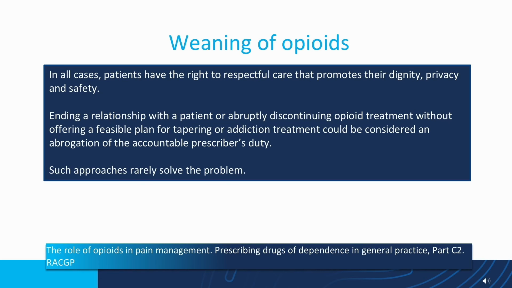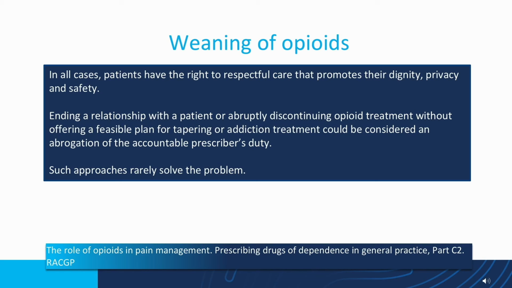So there is an argument not just to wean, but to have a plan of action, to develop a rapport. Dare I say it, use a pain specialist, use some pain services to help with this aspect. But the key is to put the foundations in place if this is going to be the plan of action moving forward, i.e. weaning. So this is from the RACGP document, and I'll read this.